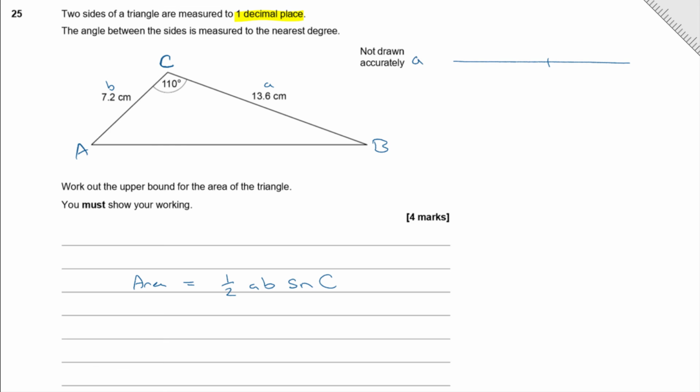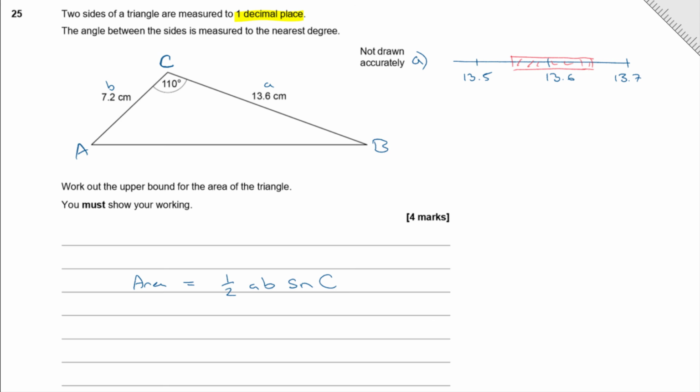So for A, we're told it was 13.6 to 1 decimal place. The next one up on the scale would be 13.7, and the one below would be 13.5. The values that round to 13.6 are the ones halfway between those two or nearer.